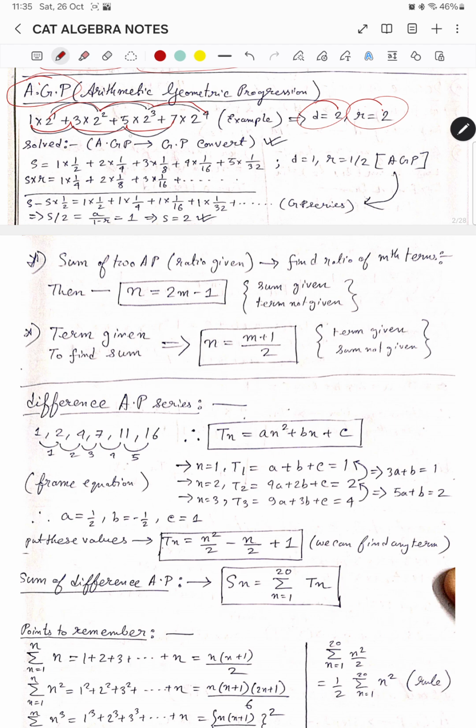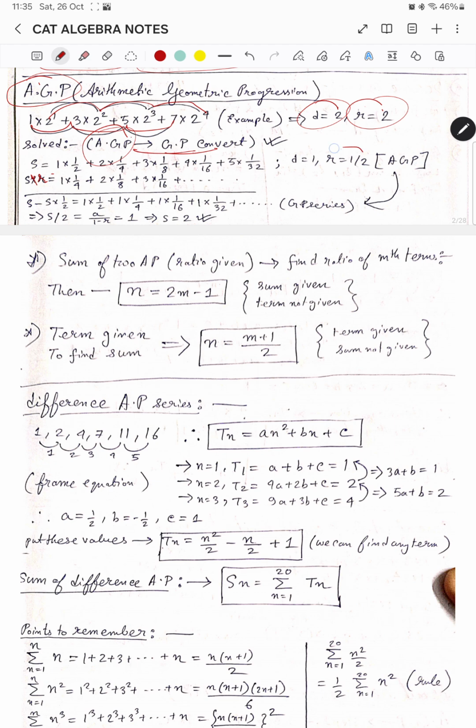The best way to solve this is converting this AGP into a GP by simply multiplying with the common ratio and subtracting the modified one from the original one. Then you can simply solve that.